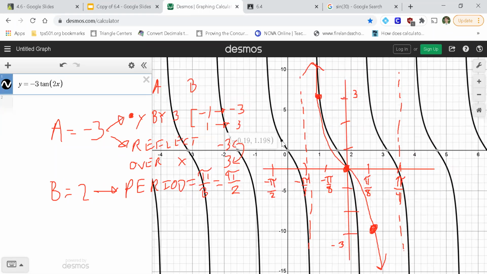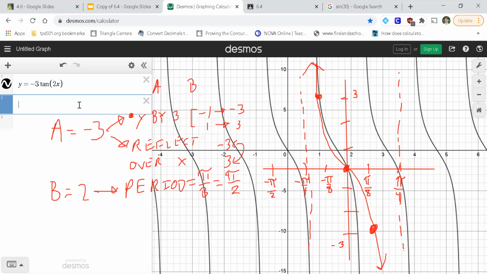If I try to click (pi over 8, 3), that's not a point that they have graphed here. I can fix that really easily by just graphing the line y equals 3. And then I can see that that really is the point (negative pi over 8, 3) on my graph.